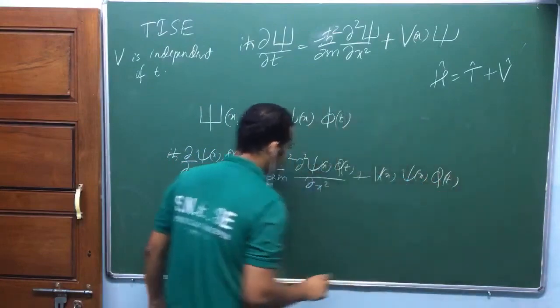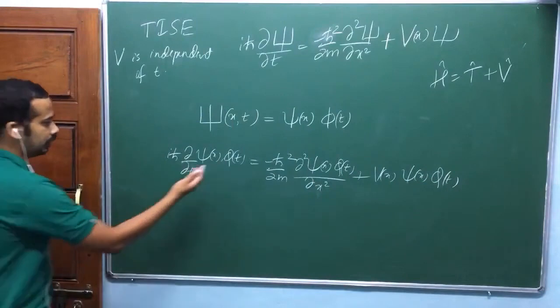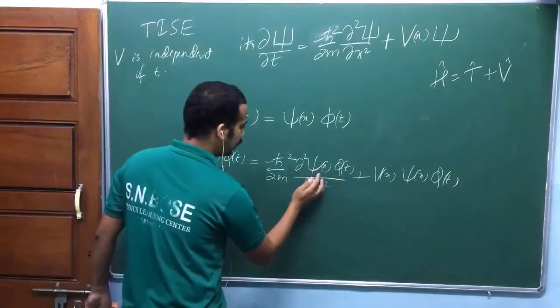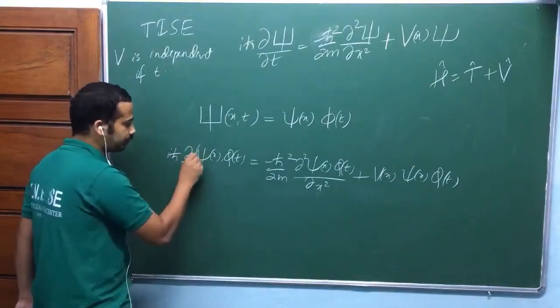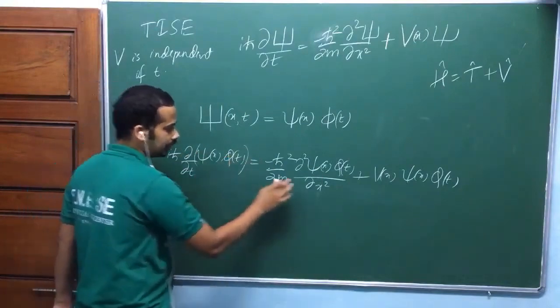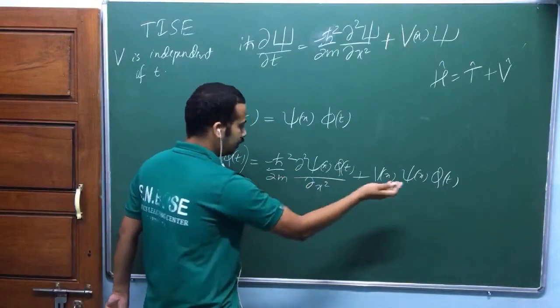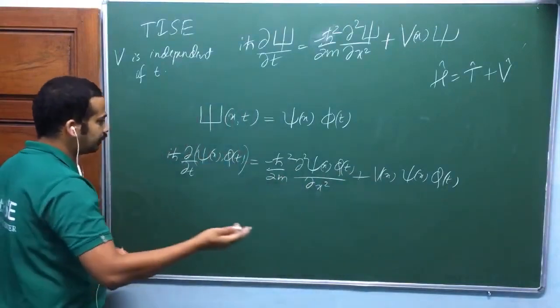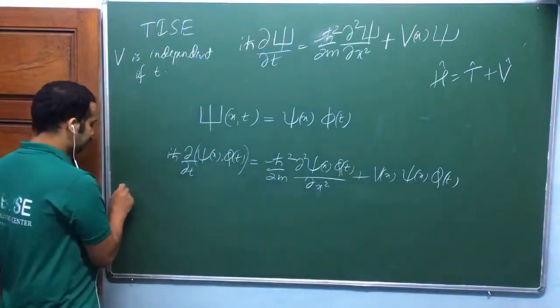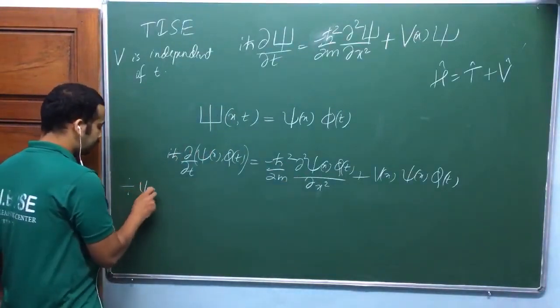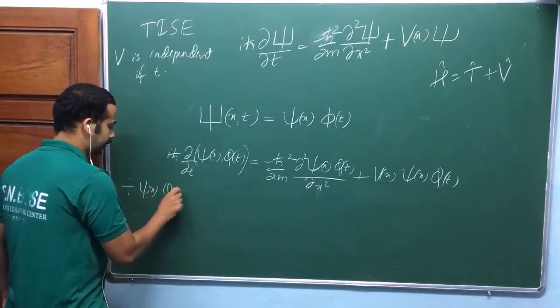These are given in Griffiths, that's why I am doing it quickly. I can take phi of t outside. Here I can take psi of x outside, partial derivative with respect to time here, isn't it? Here I can take phi of t outside. Now I'll divide the whole equation by psi of x into phi of t.